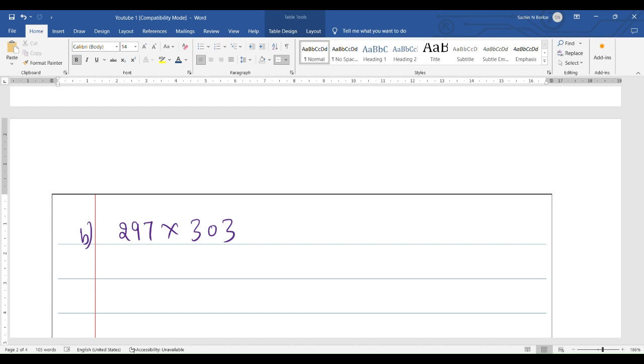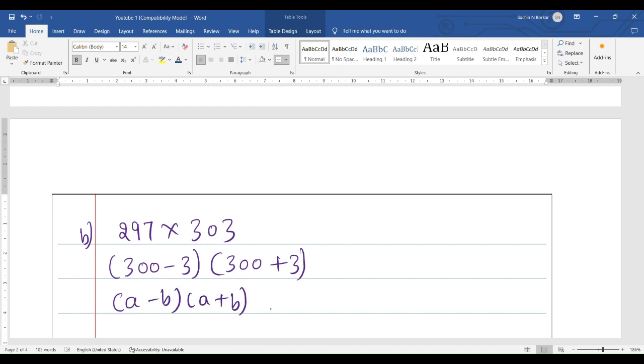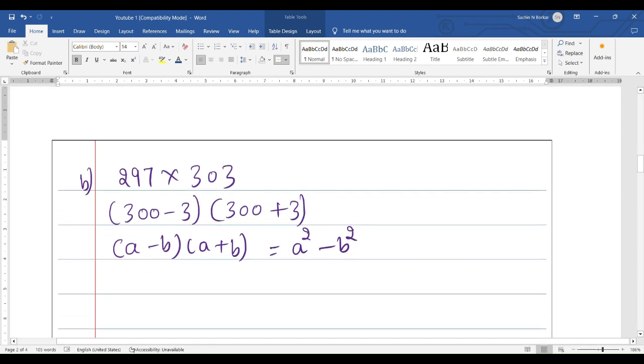So here 297 can be written as 300 minus 3, and 303 can be written as 300 plus 3. So I can see this question in the form of (a minus b) multiplied with (a plus b). The identity for this will be a square minus b square.